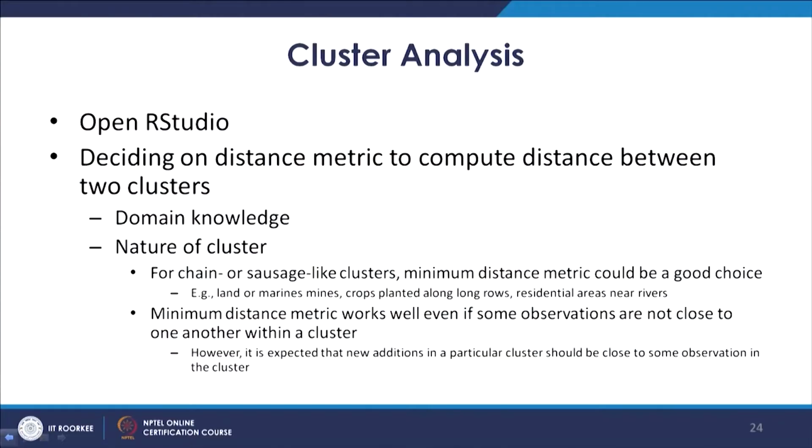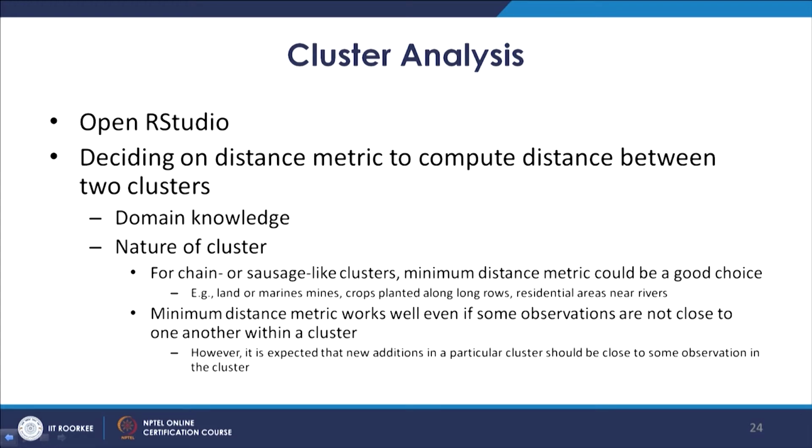Then the second thing is the nature of the cluster. The nature of the cluster will also drive this computation. For example, if the nature of the cluster is like a chain or sausage, then probably the minimum distance metric could be a good choice.